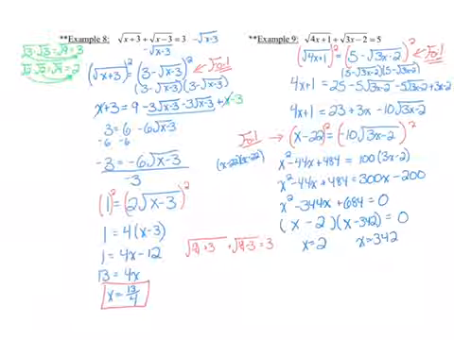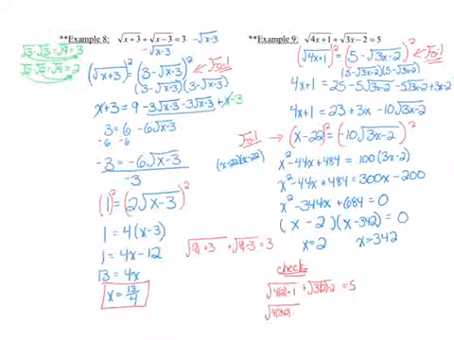Yes, these problems are very long, and no, just because we solve for x does not mean we're done. We still have to check our answers. So again, I would go back to your original, and I would plug in 2 to the original. So plus 3 times 2 minus 2 is equal to 5, and then you're also going to plug in 342.